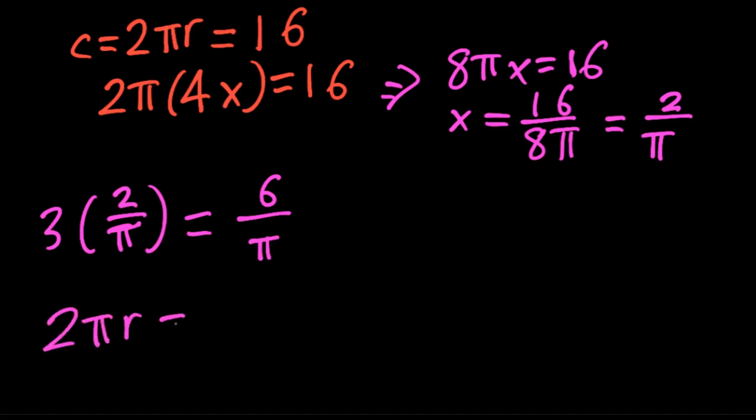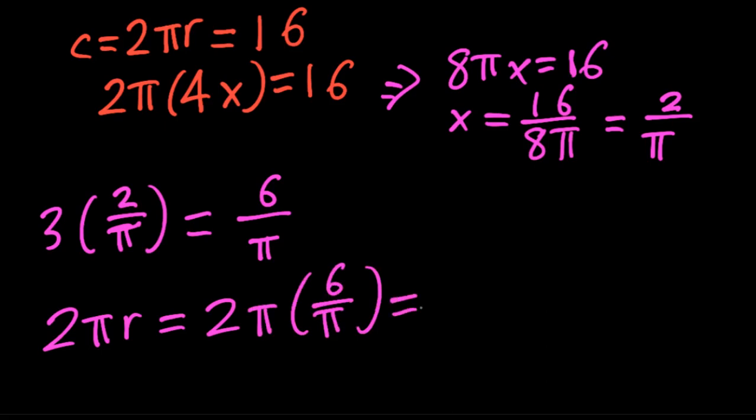So 2 pi r is equal to 2 pi times 6 over pi. And I'm just going to plug that into my calculator once more to see what I get. So 2 times pi times 6 over pi. And we get 12. So that's the right answer. And hopefully you can use linear equations to solve all word problems.